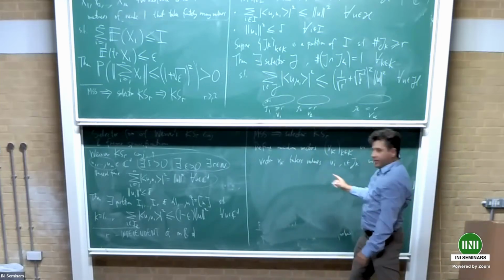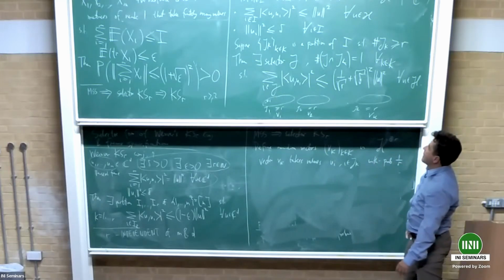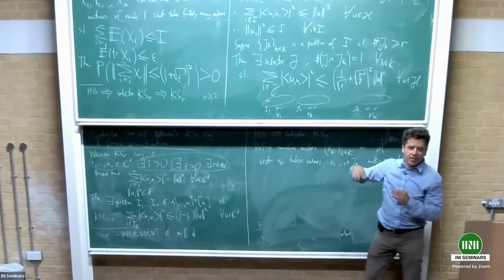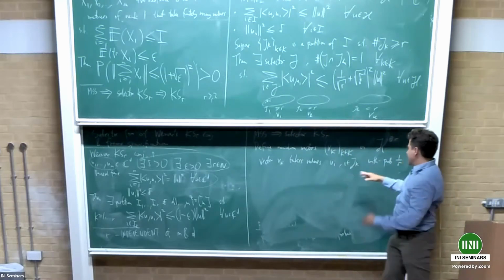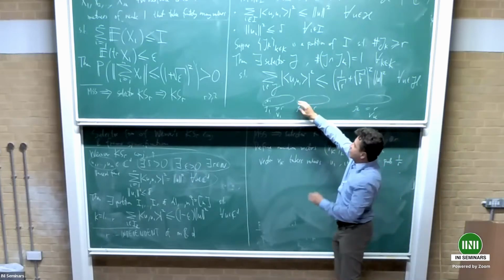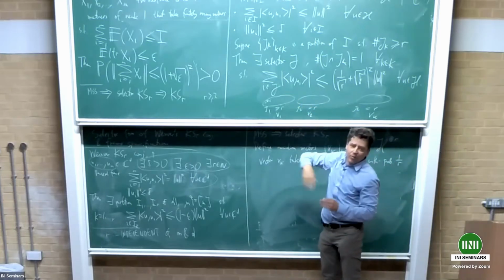So now, if the pile size is not equal to R, throw out those vectors. Yeah, exactly. If there are more vectors in a pile, then just forget about those, throw them away.